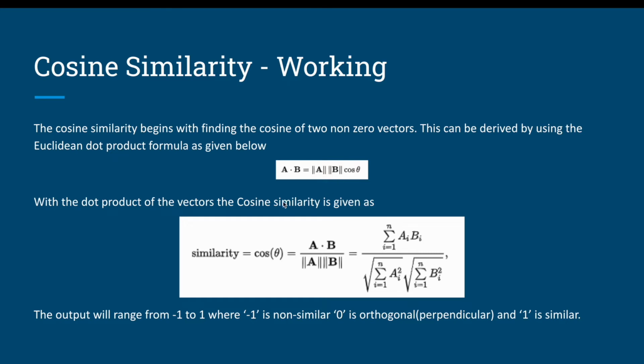So the cosine similarity can be defined from the given formula: cos theta equals a dot b divided by the magnitude of a multiplied by the magnitude of b. The output range of the cosine similarity function is from -1 to 1, where -1 is non-similar, 0 is orthogonal, and 1 is similar.